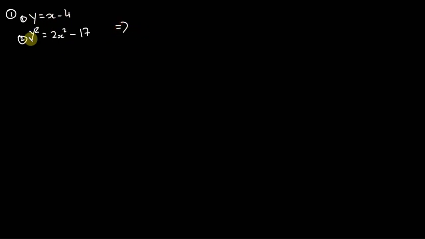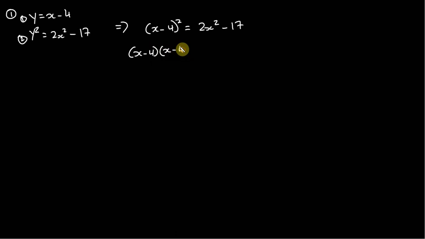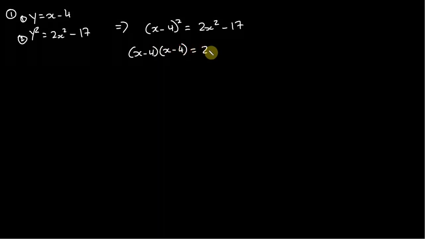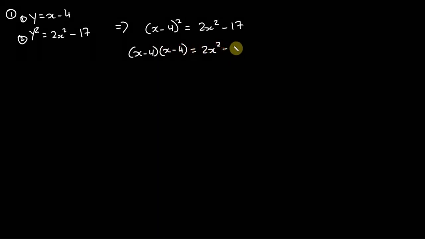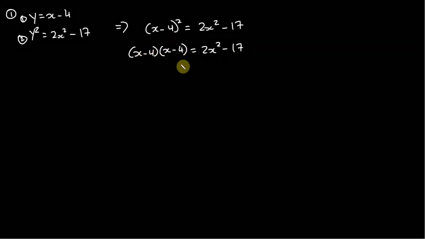In equation 2 we have y squared. Well, we know y equals x minus 4, so it's x minus 4 squared, and now that's going to equal 2x squared minus 17, and we just have to FOIL this out on the left hand side. So it'll be x minus 4 times x minus 4, set equal to 2x squared minus 17. We're going to FOIL this out, or use the distributive property twice.